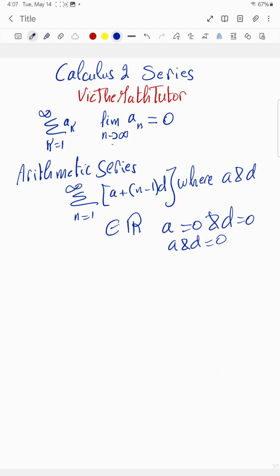Otherwise, it diverges. The second series we will talk about is the geometric series.